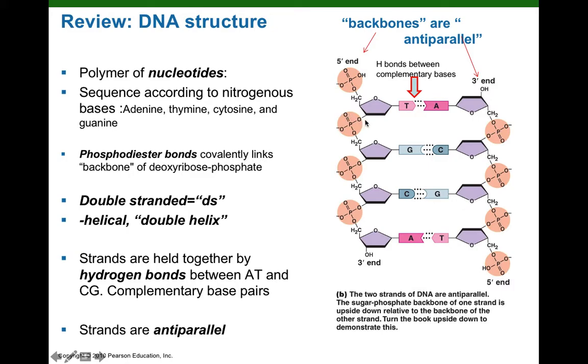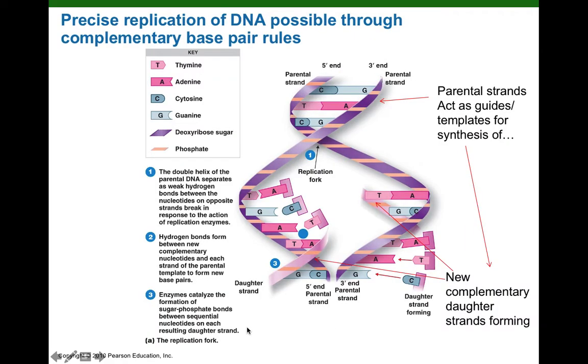So here's one ester bond, there's another ester bond, and then there's our phosphorus in there. As we said, it's helical, often described as a double helix. We would describe how the strands are held together by hydrogen bonds, and the strands are anti-parallel. So again, folks, I want to emphasize that the precise replication of DNA is possible through complementary base pairing rules.